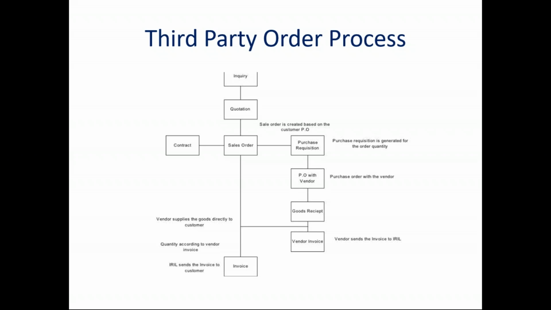So the customer will contact you, but you will ask your vendor to deliver that product. That's why it's called the third party order process. The delivery is taken care of by the third party and the actual order by you.